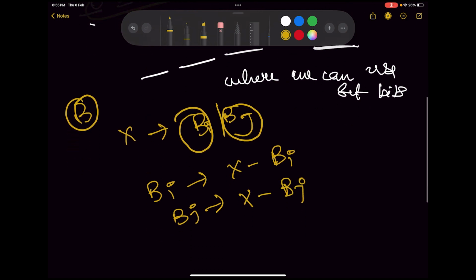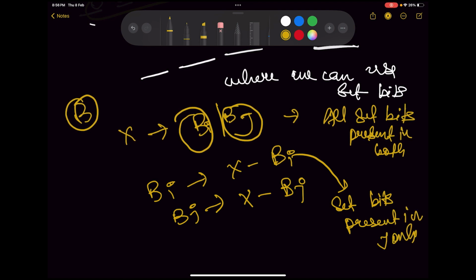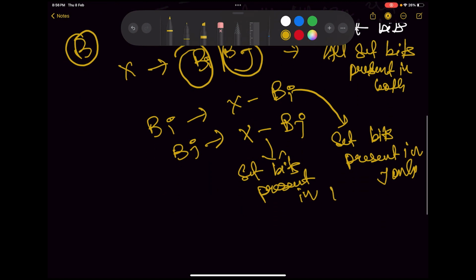So what this does is, x contains all set bits present in both, and after the operation, this one contains the set bits present in j only, and this one contains the set bits present in i only.